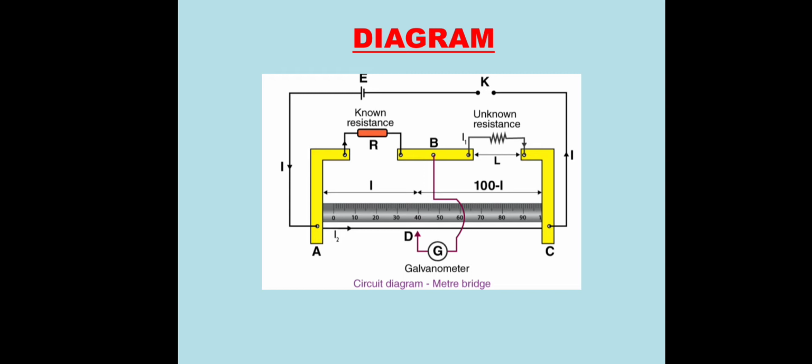Then from point B, in the middle of the central strip, we connect a galvanometer, which on the other end is connected to a movable jockey which can be slid on the wire to provide the null deflection when the galvanometer gives zero deflection. Further, the power is provided from the battery, which is shown by E, and there is a switch shown by K. Let us move on.